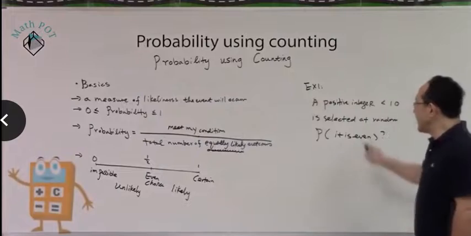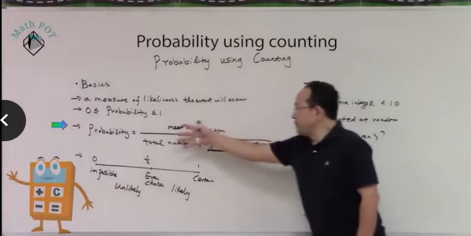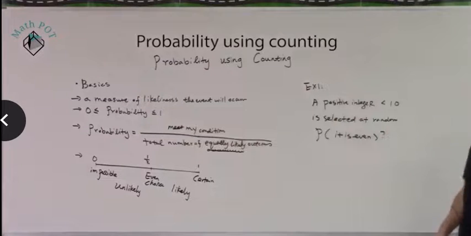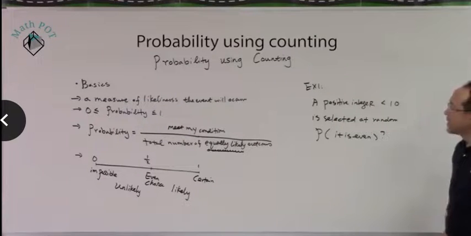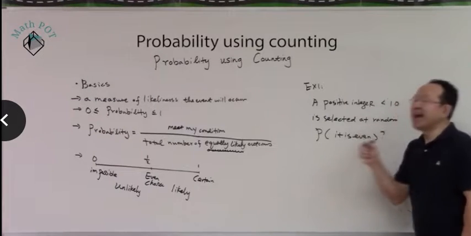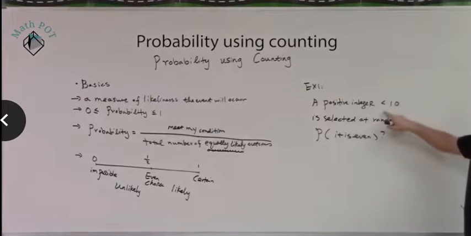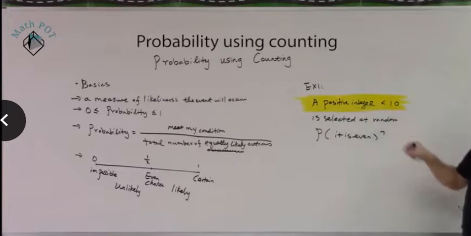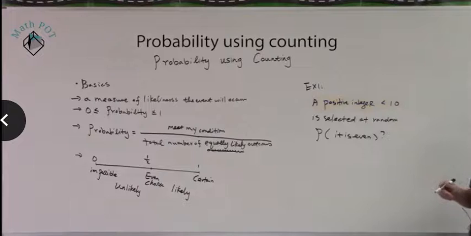In order to calculate the probability, always remember this is our formula. We use this formula to figure out the probability of an event. The bottom number is the total number of equally likely outcomes. If you select a positive integer less than 10, it could be 1, 2, 3, 4, 5, 6, 7, 8, 9.